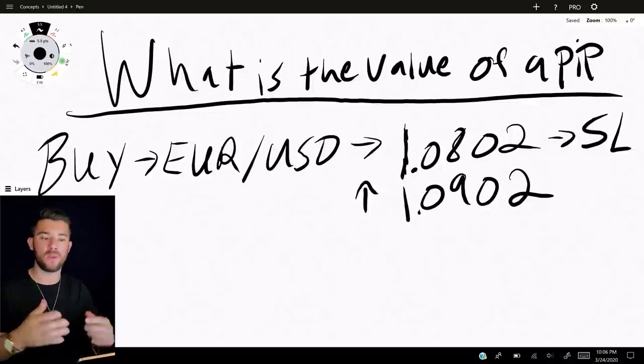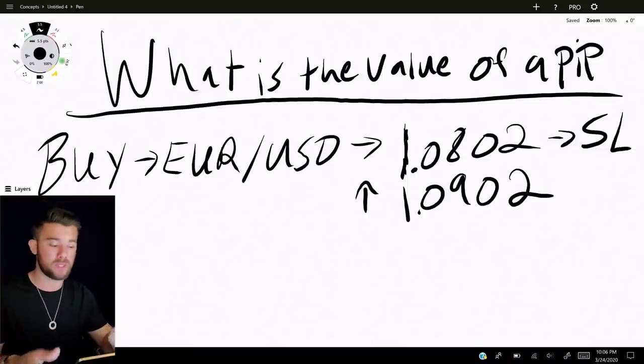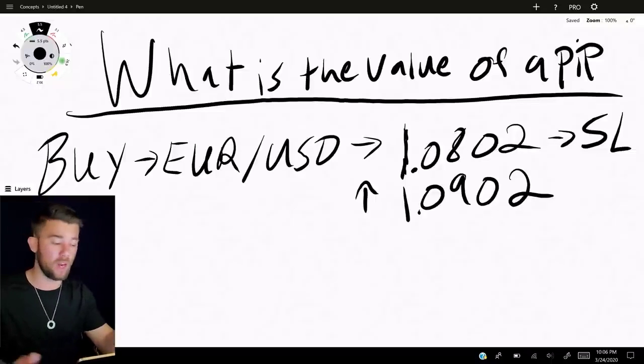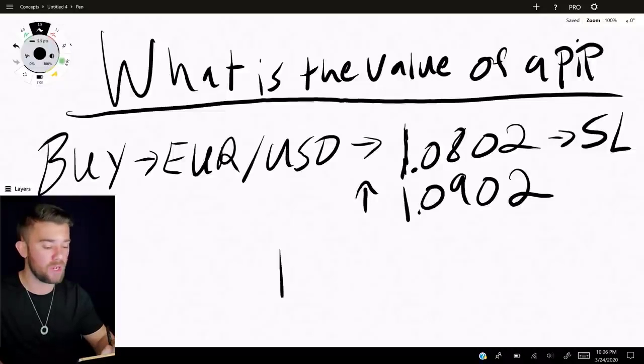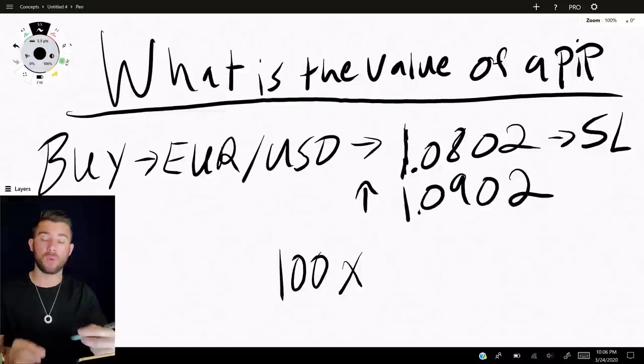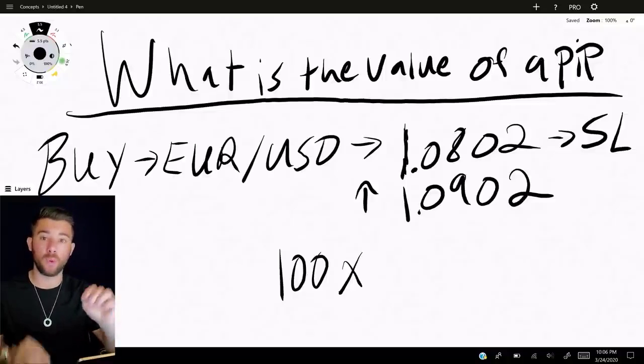So let me share with you the equation you need to figure this out. What you need first is the amount of pips, which is 100. We went up 100 pips in this particular case, right? So we have 100 pips times the value per pip based on your lot size.